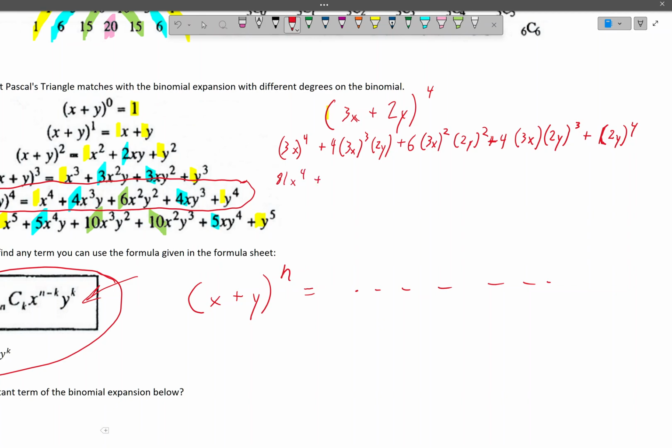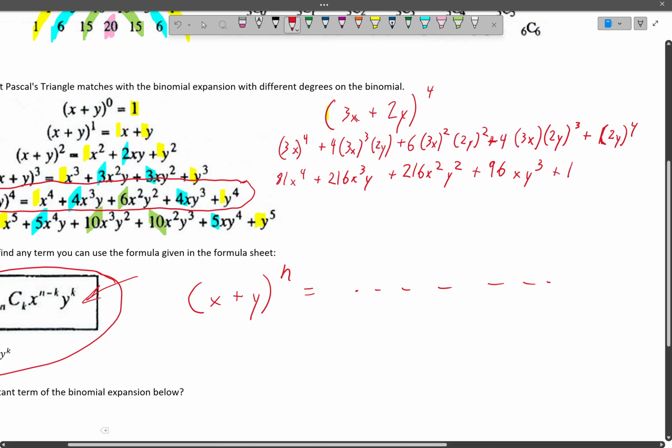So anyways, this is going to be, what's that, 27, I'm going to do this in my calculator, 27 times 4 times 2, 216 x cubed y plus 216 x squared y squared plus 96 xy cubed plus 16y to the 4.